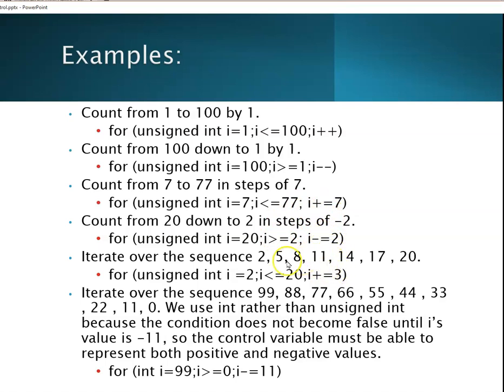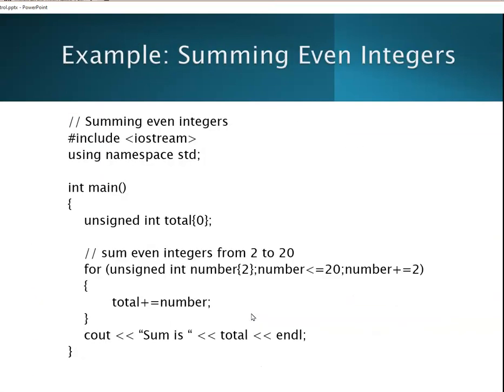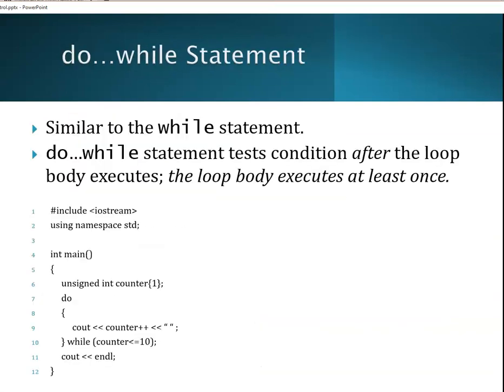To iterate over the sequence 2, 5, 8, 11, 14, 17, we would increment by 3, etc. We can use int or unsigned, depending on whether the value is negative. You do have to be careful when going with negative values because you could end up with an infinite loop.